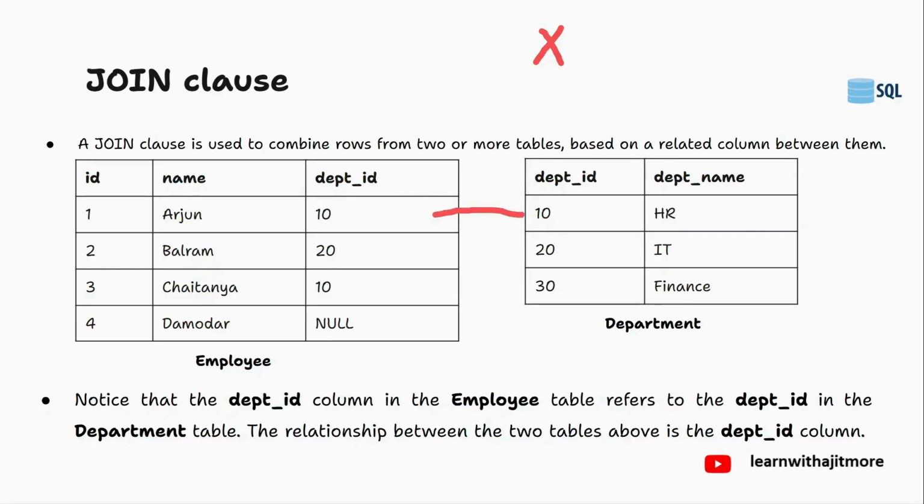Means all possible pair. 1 Arjun 10 10 HR, 10 20 IT, 10 30 finance, then 20 IT HR, 20 20 IT, 20 30 finance, then again 10 10 HR, 10 20 IT, 10 30, and then null 10 HR, null 20 IT, and null 30 finance. All possible pairs are made.